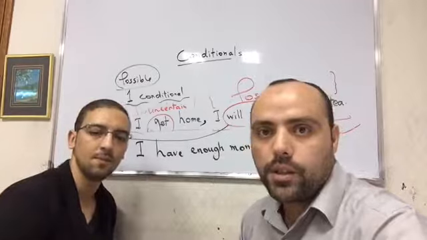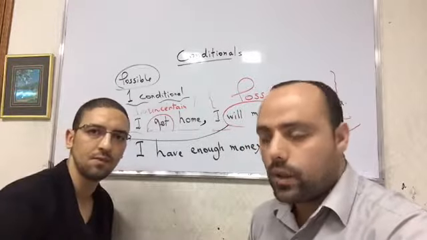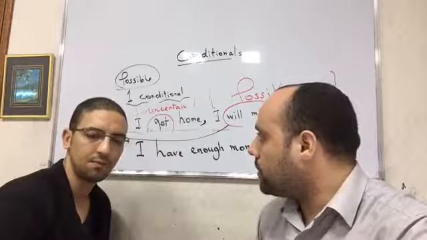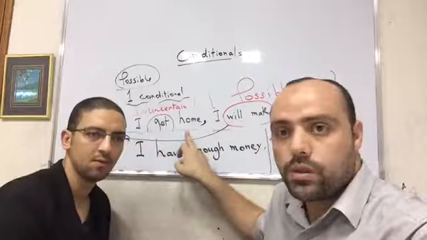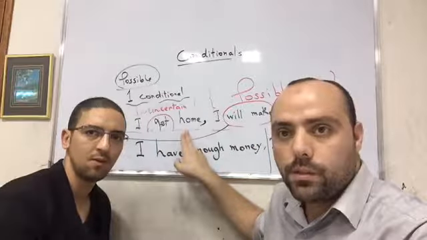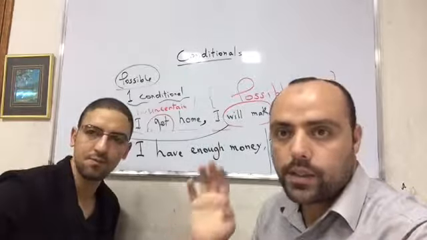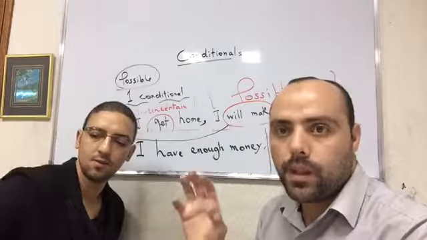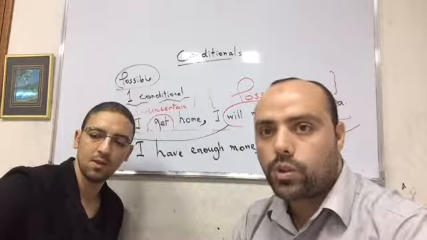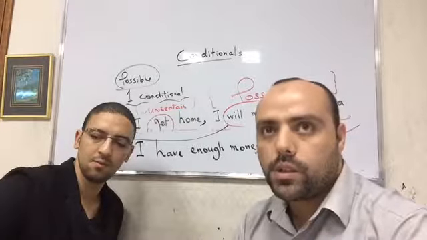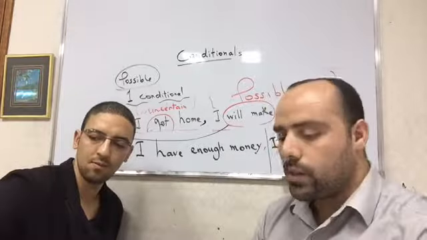You're going to have the if clause, as we told you, that consists of if and the first clause, which should have the present simple tense, and the second clause is going to have the same present simple tense. For example, if you boil water, it turns into vapor.